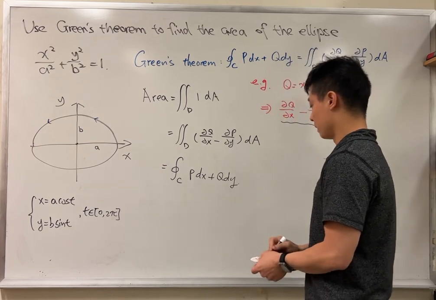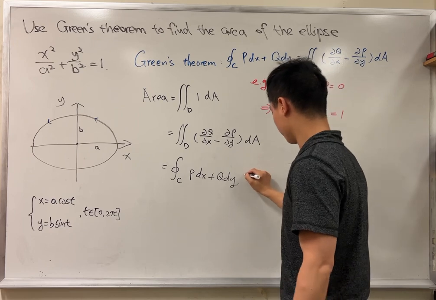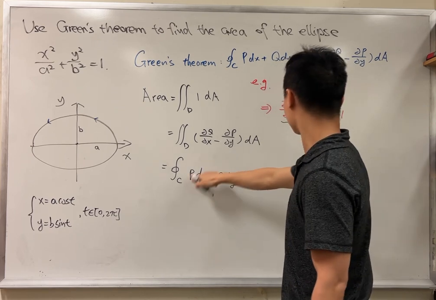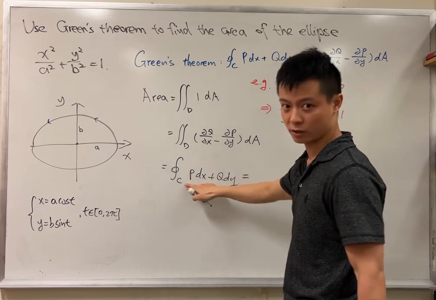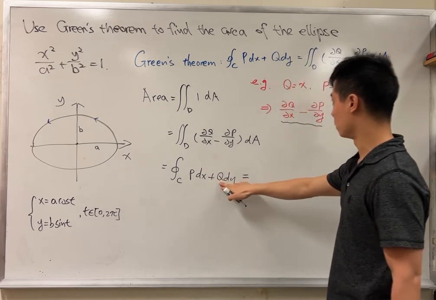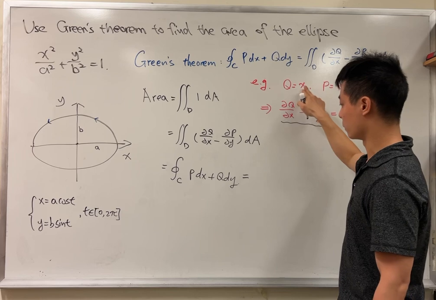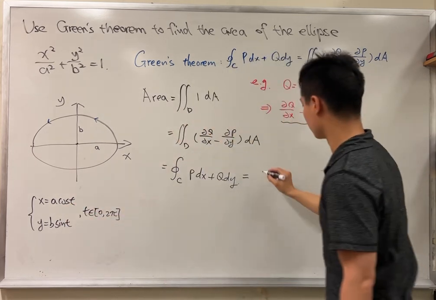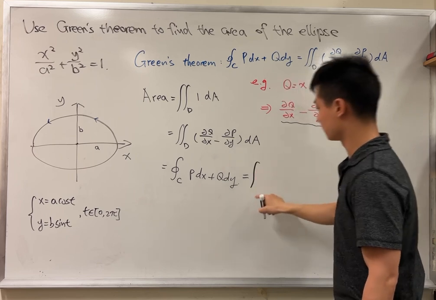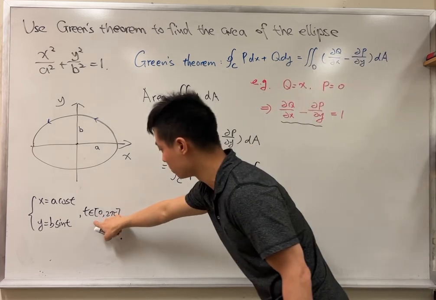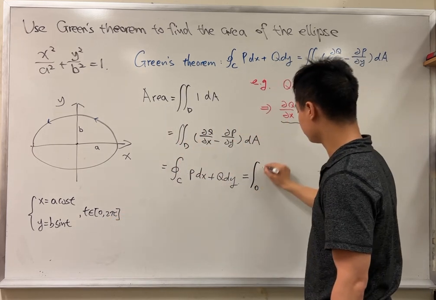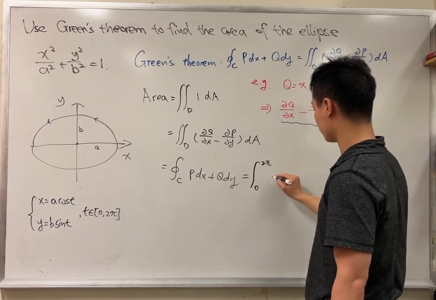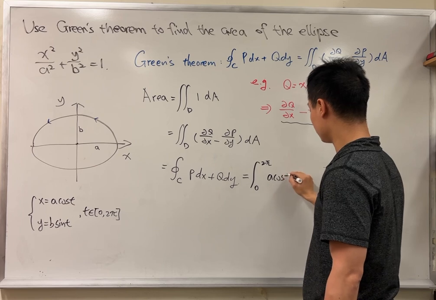Okay, now let's try to find this line integral. We know that P is equal to 0, right? So this part is going to disappear. And then Q is our x, and then we can replace x with a cos t. So this is going to be the integral from 0 to 2 pi. And then our Q is going to be a cos t, right?